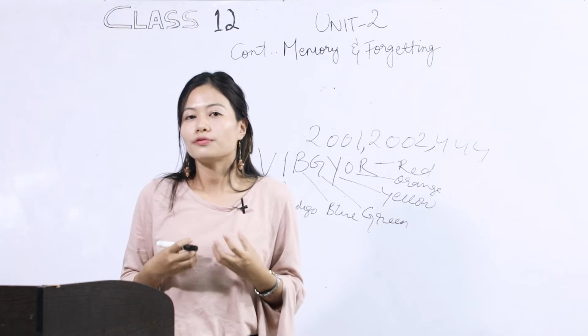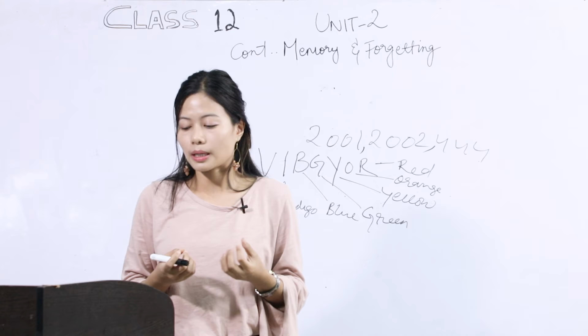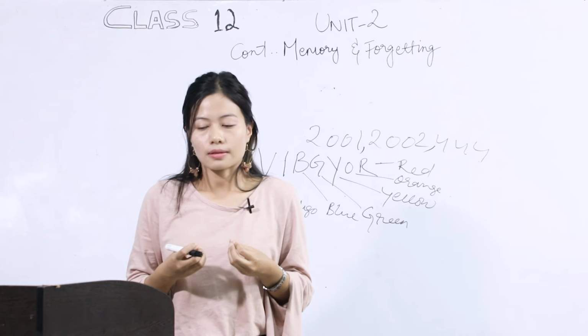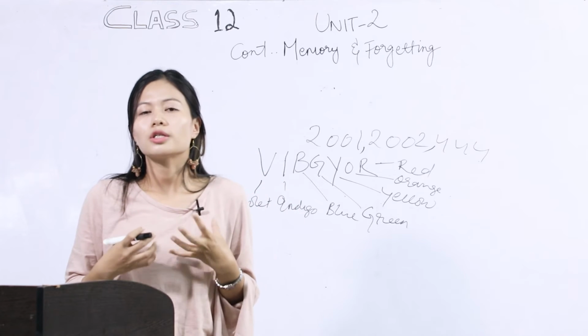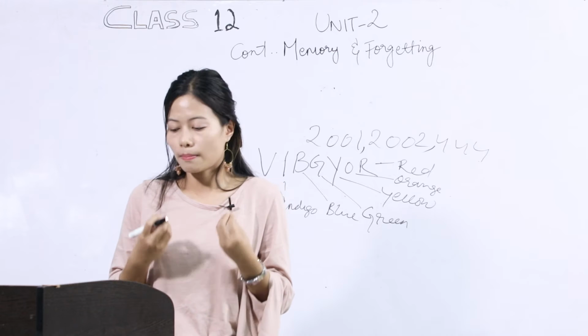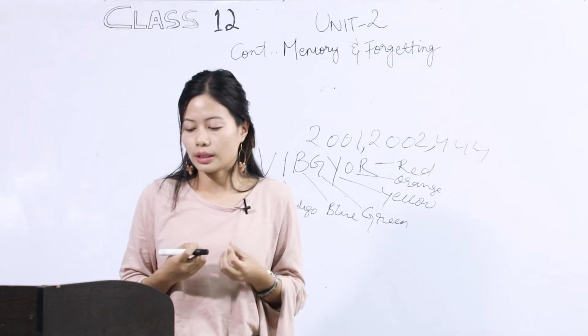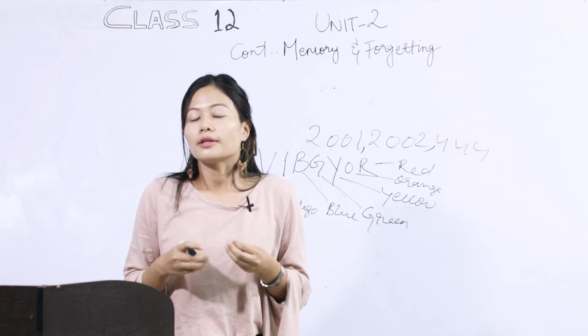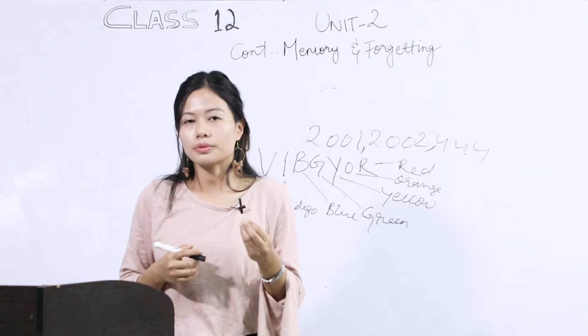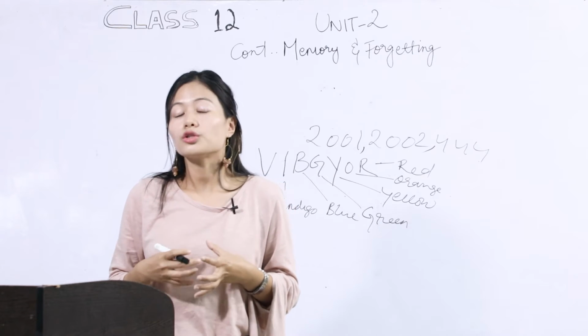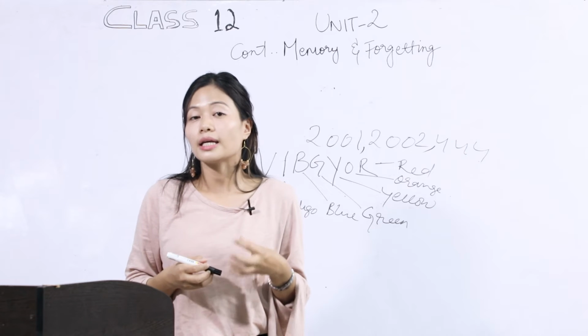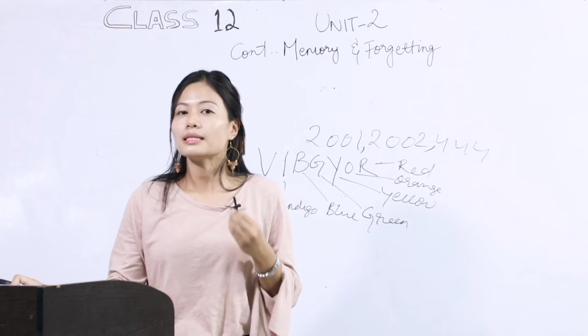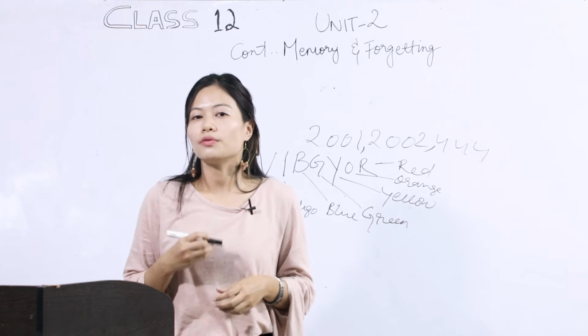We told ourselves to do it, but for some reason the information just doesn't come to mind at the time we need it. So we often try to give ourselves a hint to remember, and this hint can be referred to as a retrieval cue.